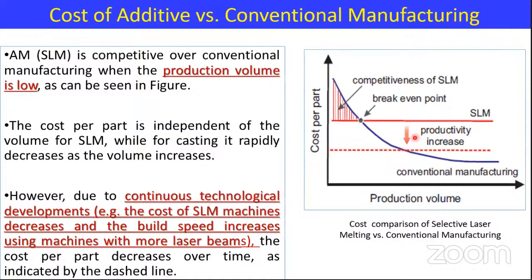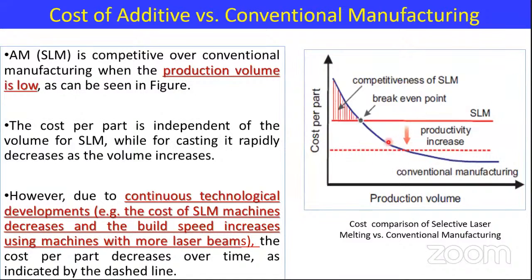In fact, AM technology is also trying to move towards decreasing cost by working on different aspects to increase productivity, by changing the architecture or the instrumentation in the AM technology. Thereby, it can catch up with the conventional manufacturing cost, right?